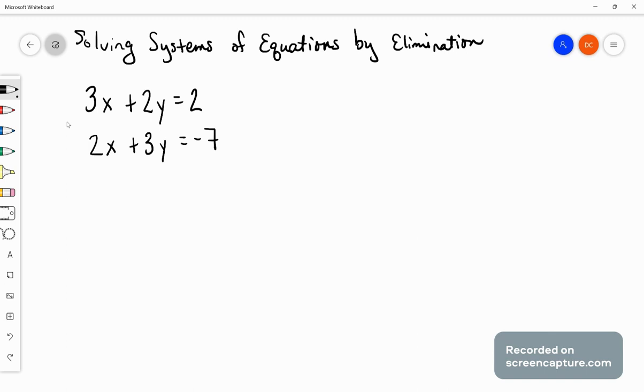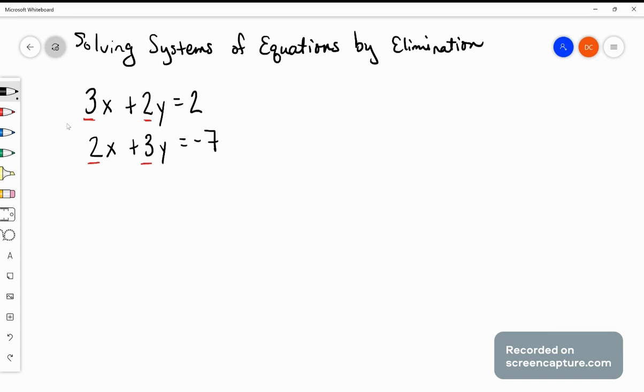So in this case, you can see we have a 3 as this x coefficient and a 2 in this x coefficient. And here we have a 2 in this y coefficient and a 3 in this y coefficient. So we're going to have to multiply both equations by a constant in order to get them to have the same coefficient, just the negative of each other, right?